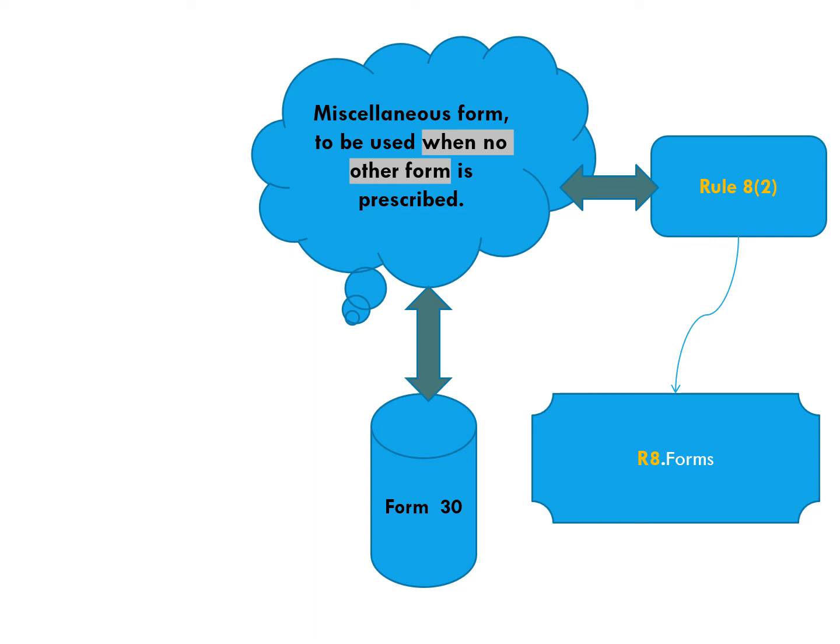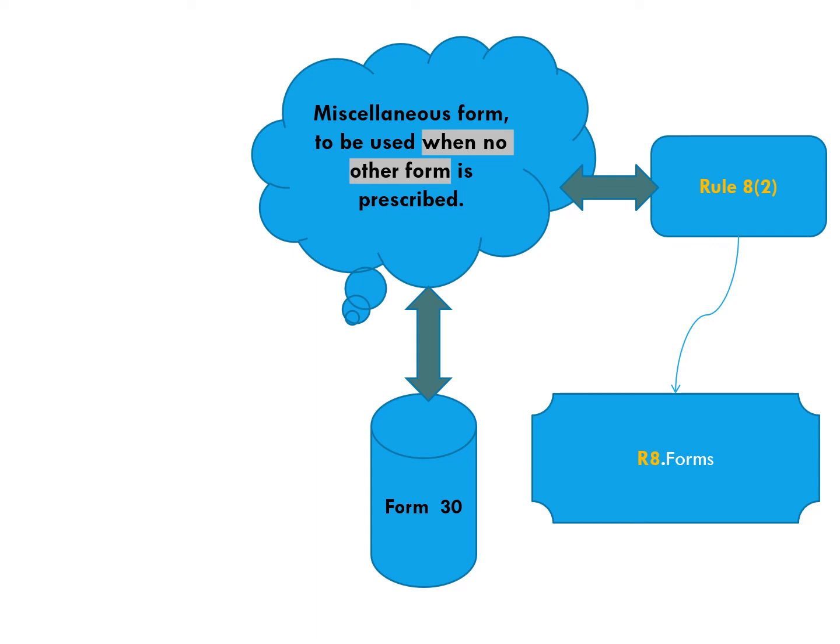That means we can use this as an extra player. That means if nothing is mentioned, Form 30 is used. Related rule is Rule 8 subrule 2. And what is Rule 8? The title of Rule 8 is forms. So easily you can remember Form 30 is linked with Rule 8 that deals with forms.